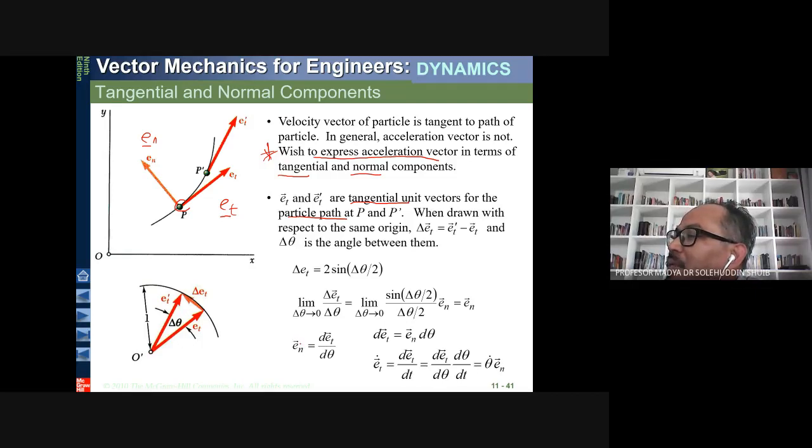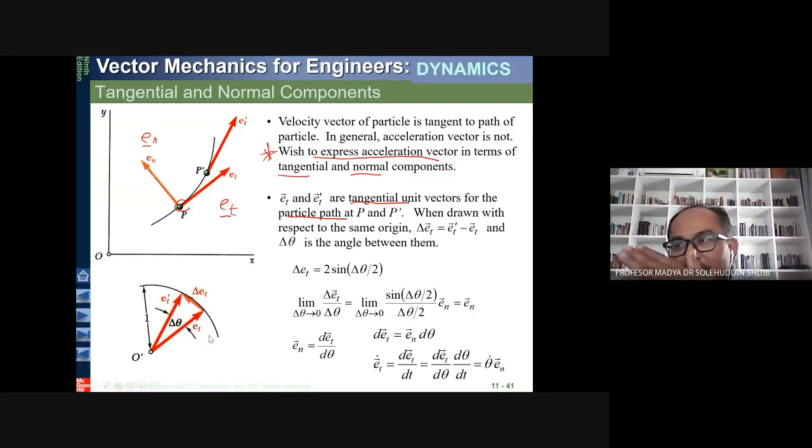Basically, unit normal is the derivative of unit tangent with respect to theta, because we talk about angle. This angle is referring to here. We have ET, and then ET prime.